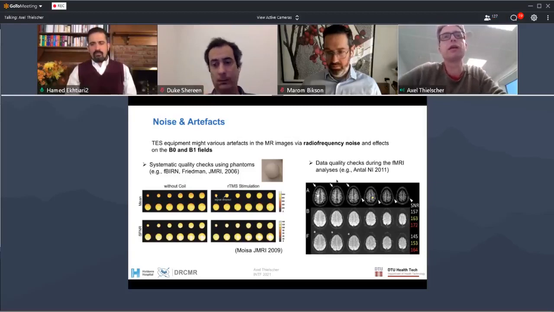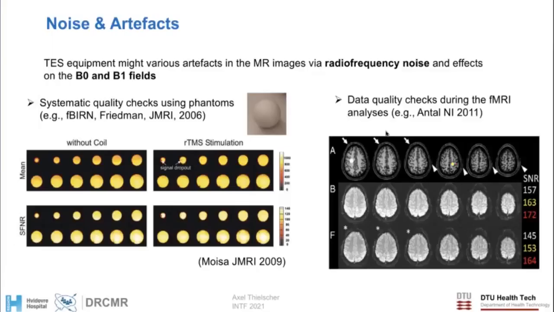What is shown on the left in the upper part is just the phantom scanned without the equipment and with the equipment. And what you see then is that close to the equipment, there's some signal dropout, which would then indicate that you have susceptibility artifacts. And using a phantom is really nice because it's extremely sensitive and can really nicely pick up any of these.